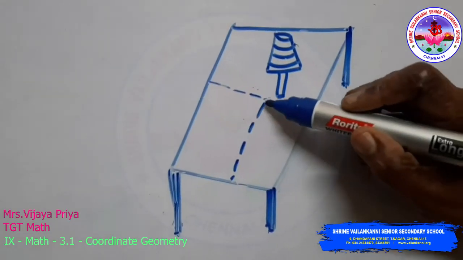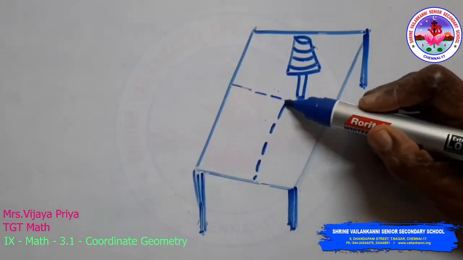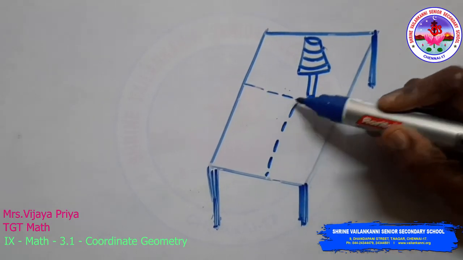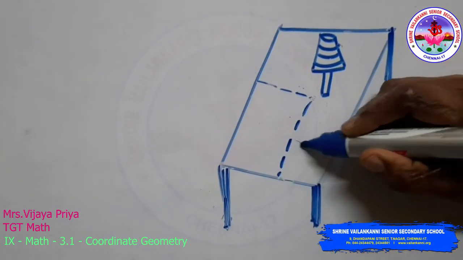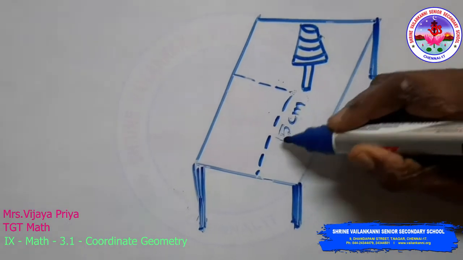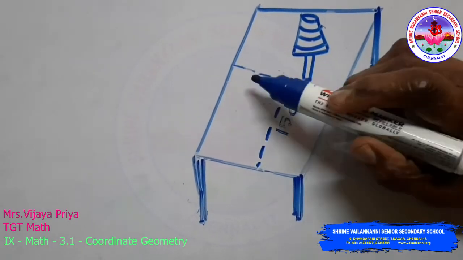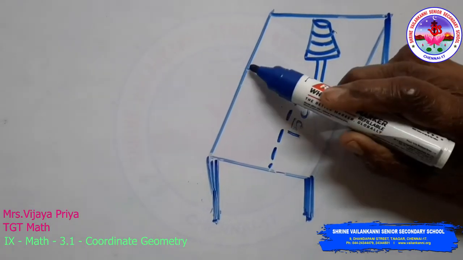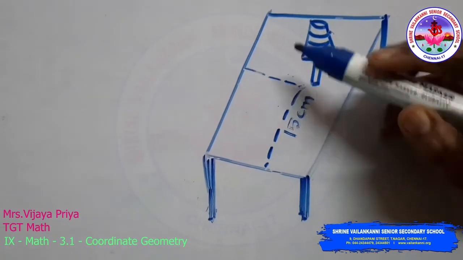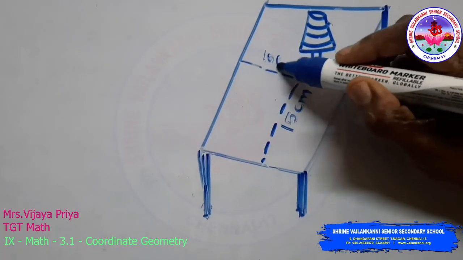The table lamp is 15 centimeters away from the x-axis, whereas it is 10 centimeters away from the y-axis.